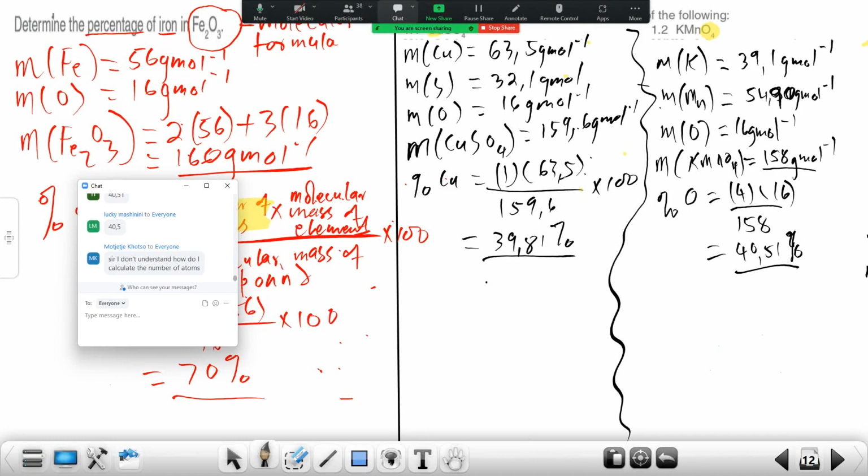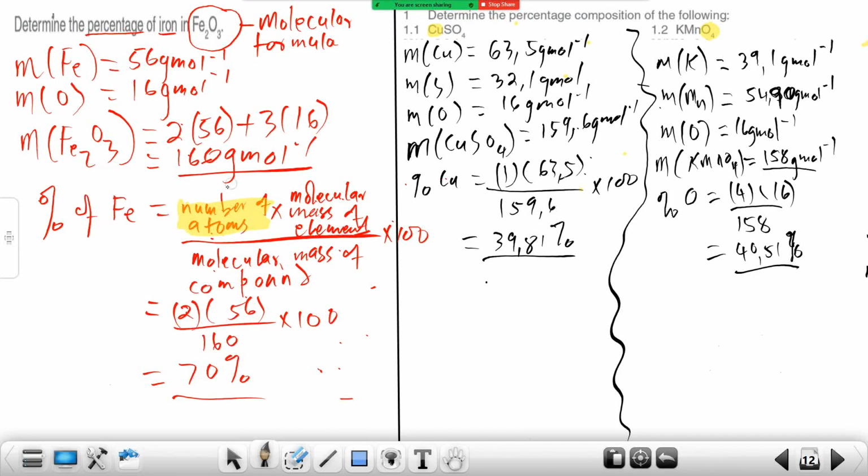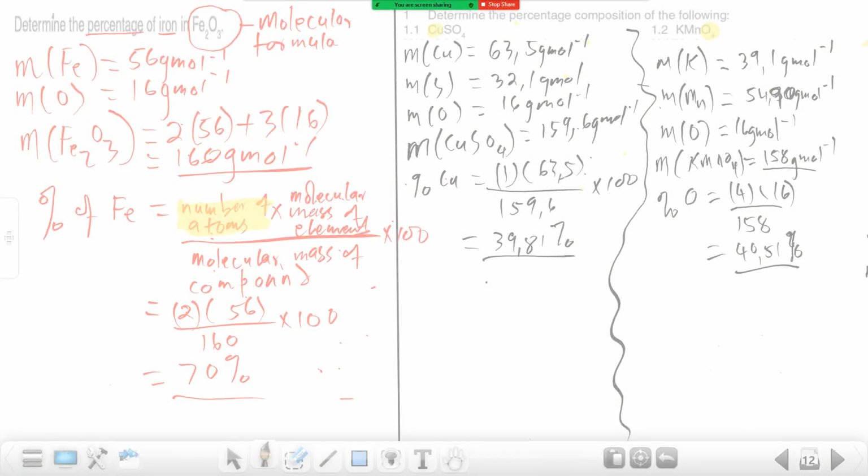And then Mr. Mochichi is saying, I don't understand, how do I calculate the number of atoms? Okay, Mr. Mochichi, it's very easy, sir. I'm going to make it very simple for you.